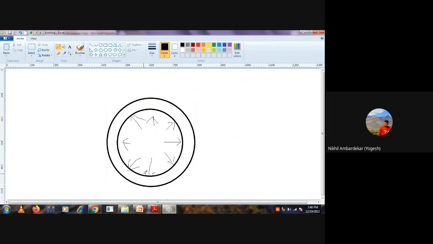The surface is subjected to tension, hoop tension, circumferential tension. That is absolutely correct. So for a circular tank, in addition to the bending moment and shear force, we have to find out one more thing, that is the tension in the wall. Okay, so this is now for the water pressure.